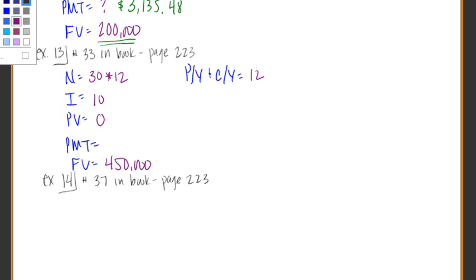So let's find our payments. If we go into our calculators and have it do the work for us, we will find that Robin, all she has to do is set aside $199.07 every month as she knows she's going to retire in 30 years.